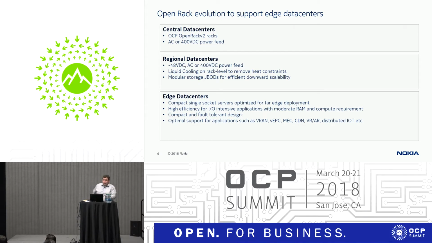Then the I/O intensive applications are requiring a different kind of implementation on the servers. Typically that would be going with single socket designs. And this would then be optimal for any application, including virtualized RAN running on the edge of the networks.